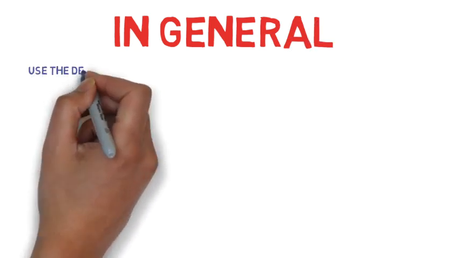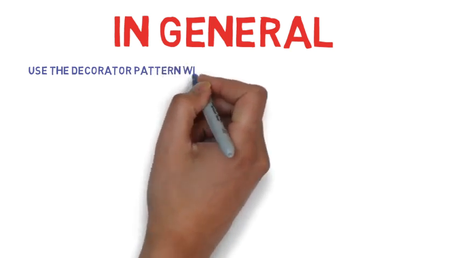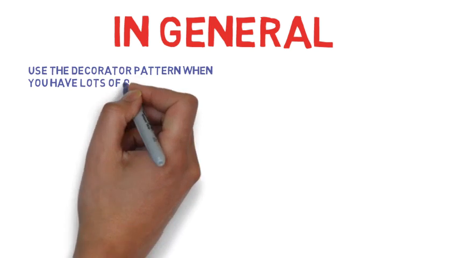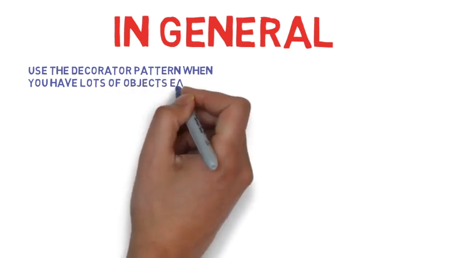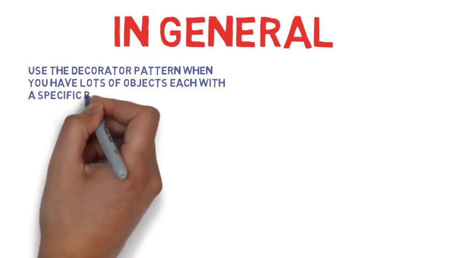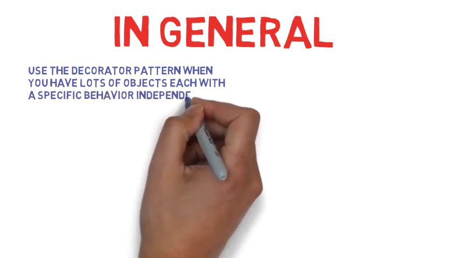In general, we use the decorator pattern when we have a whole number of objects. Each of these objects have a specific behavior independent of all others. Each of these objects decorate what is passed into them, and this decoration is independent of other objects.